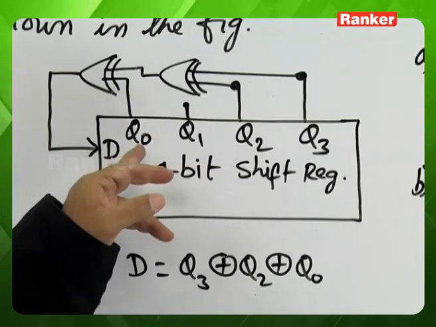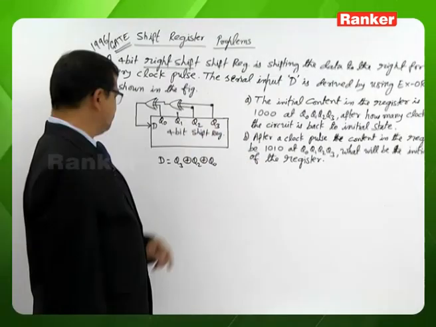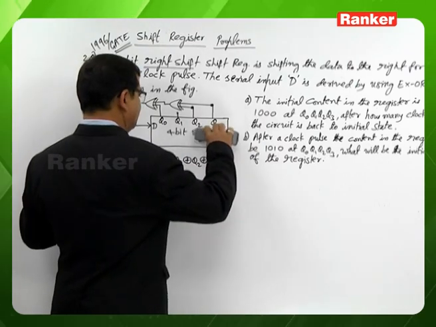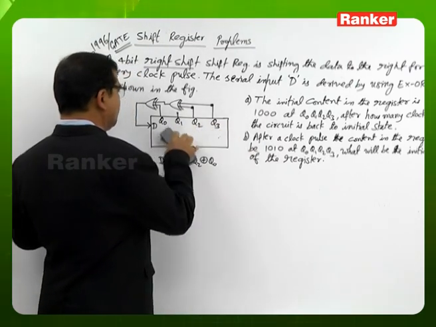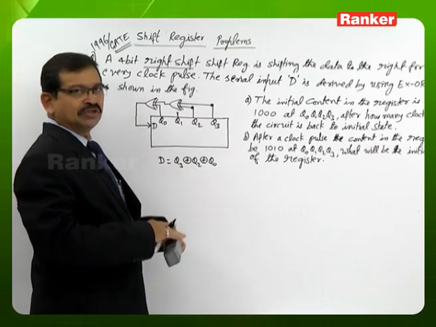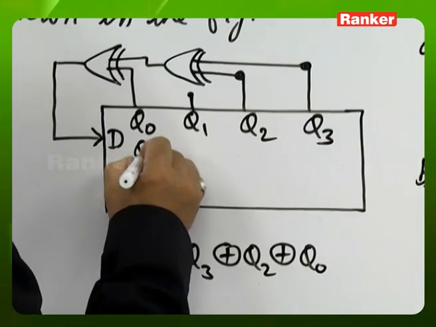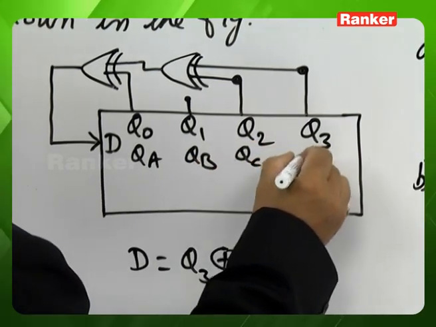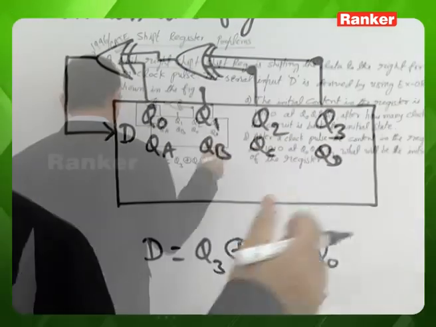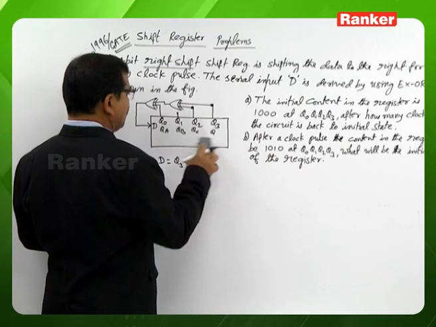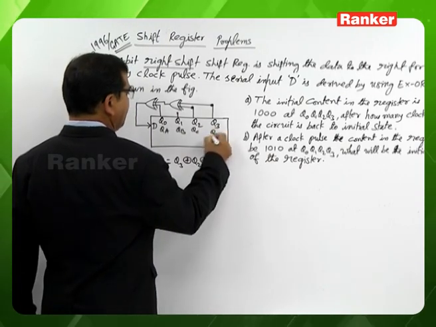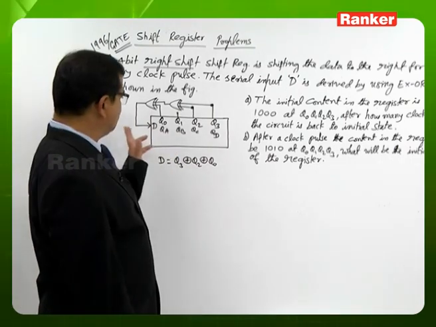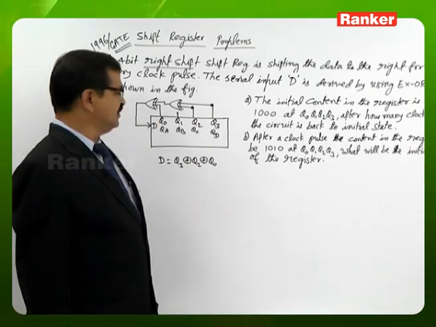Instead of the notation Q0, Q1, Q2, Q3, if we are looking at the notation as something like this: QA, QB, QC, QD, and the problem description does not say which is LSB and which is MSB, by default you can consider QA as MSB and so on, QD as LSB.